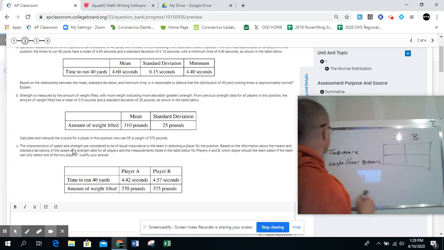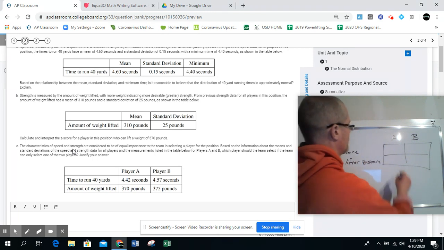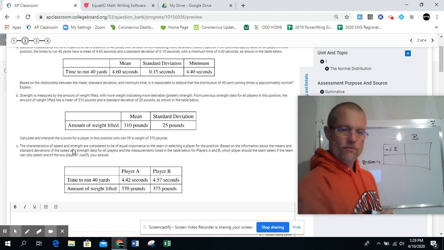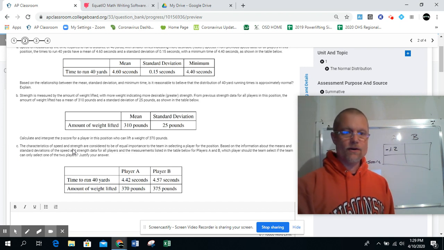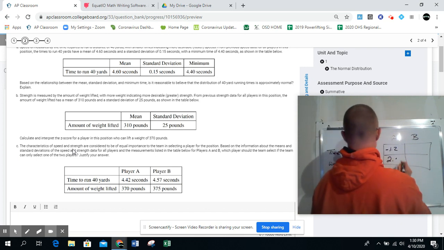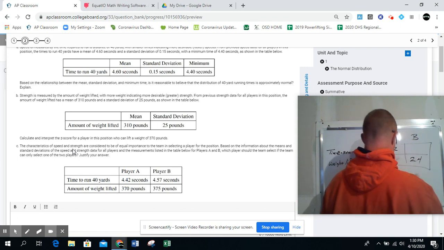So in the time z-score, you're looking at 4.6. I think he was negative 1.2 for his z-score there when he calculated it, and 370 pounds, we said that before. That was 2.4. That was for player B, though. So we have this one over here, 2.4.